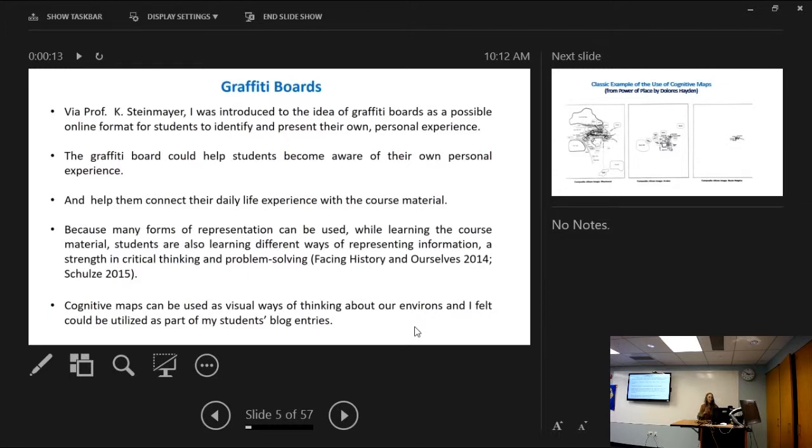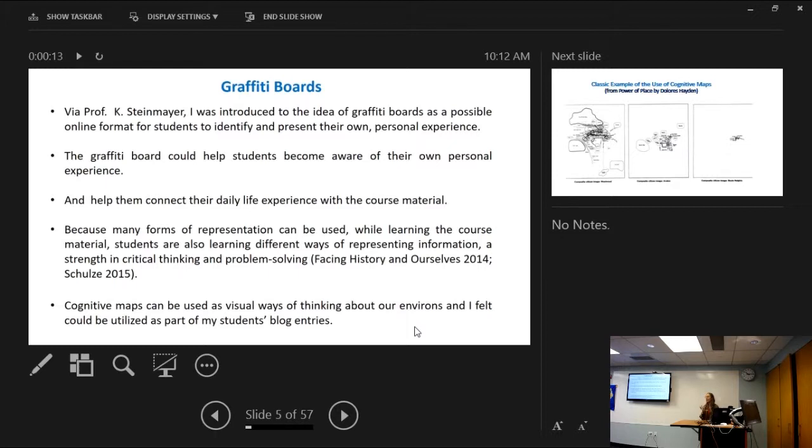This little slide here talks a little bit about graffiti boards. So again, it's visual, and it's another way of tapping into a student's knowledge. And sometimes they don't even know they have that knowledge, but again, it's sort of capturing that in a little bit different way.